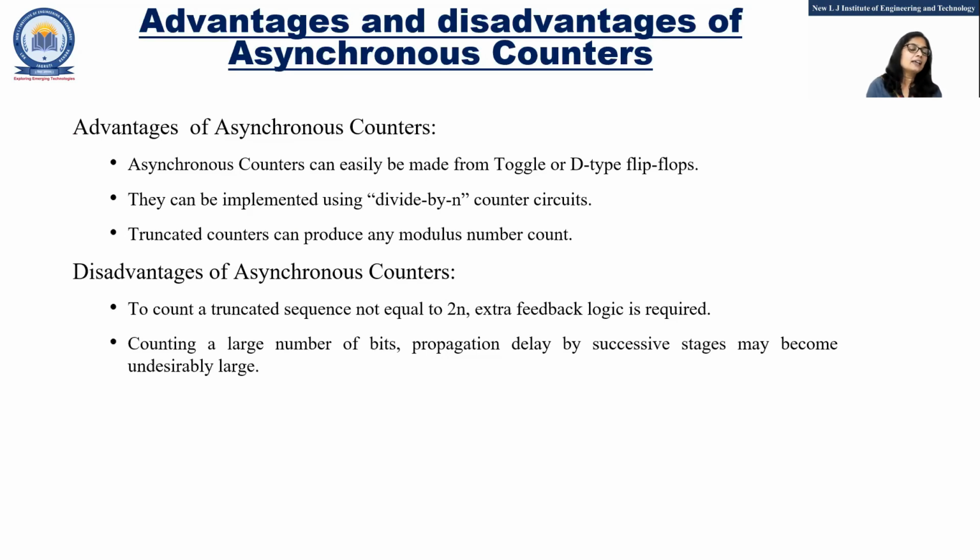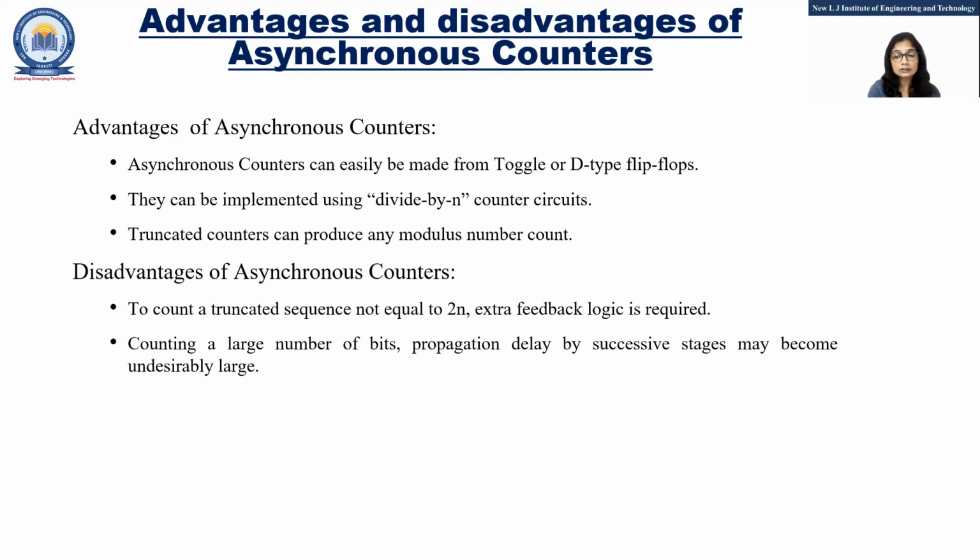Now, what are the advantages of asynchronous counters? We can use truncated counters. Truncated counters means we can change the states of the counter. Suppose I am going to use a 4-bit counter.